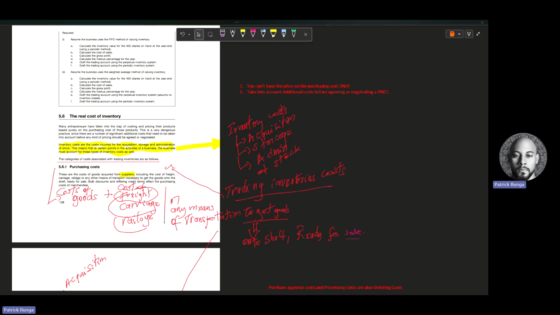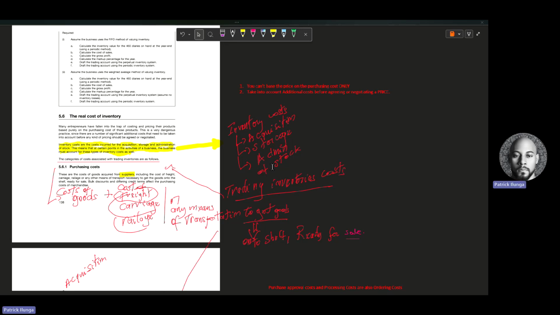So when we talk about inventory costs, what are we talking about? Inventory costs are the costs incurred for the acquisition, storage, as well as the administration of stock. There are three things there: the acquisition, storage, as well as the administration of.